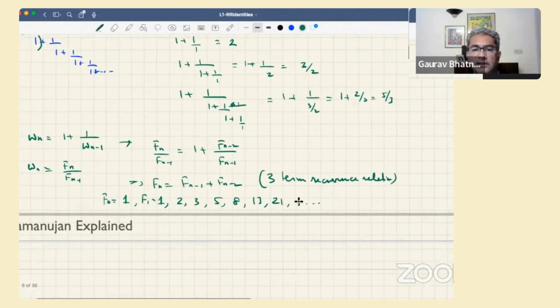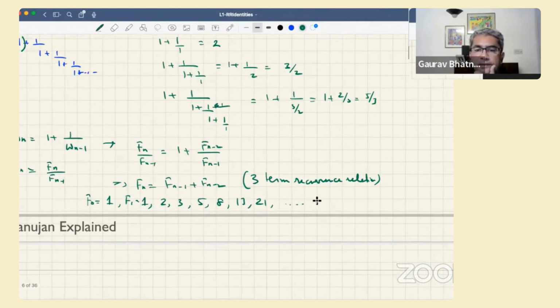Does anybody recognize this? These are what are called the Fibonacci numbers.